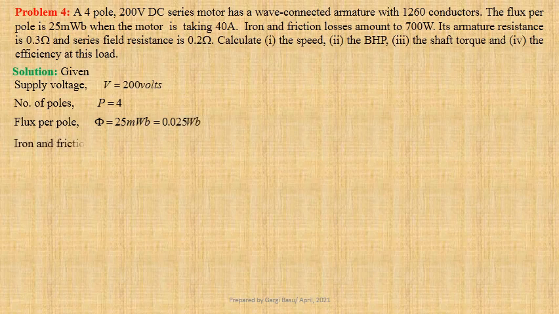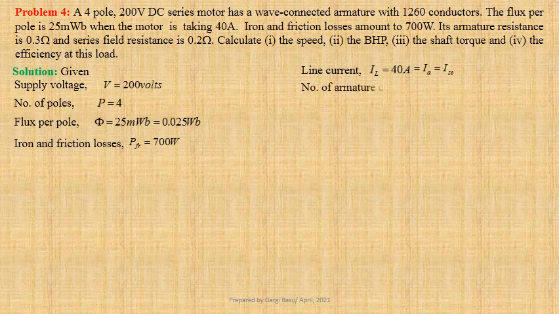Iron and friction losses Pfr equals 700 watts. Given line current IL equals 40 ampere. For DC series motors, IL equals Ia equals Ise.